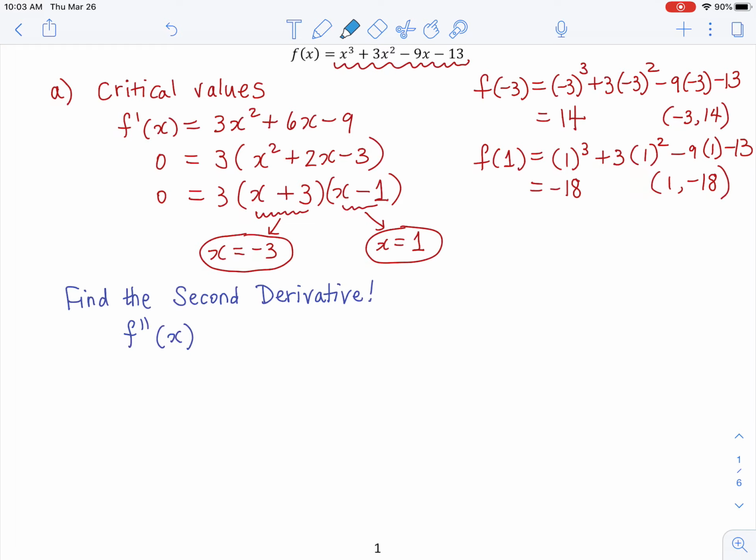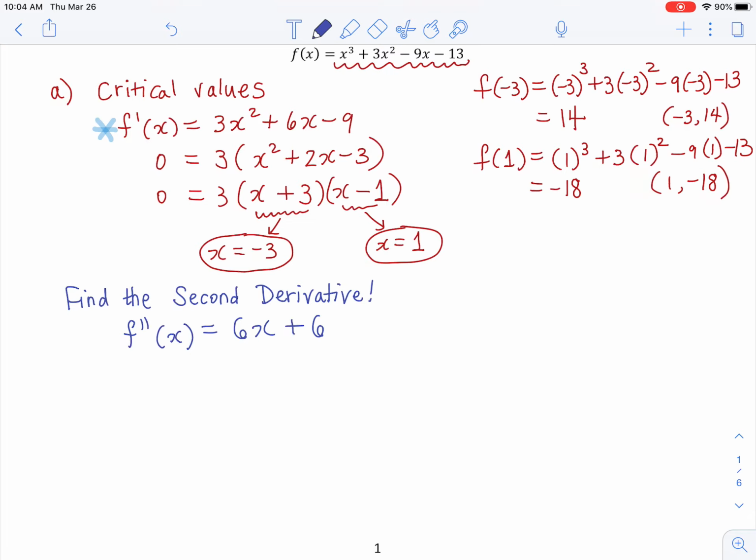I'm going to look at this right here, and then I'll just take the derivative of that, okay? So that's going to give us 3x squared will give us 6x, plus 6x will give us plus 6. 9, no more 9, right? So we found the second derivative. You don't want to take the derivative of this mess right here. You don't have to. I just went back to the standard form and found the derivative from there.